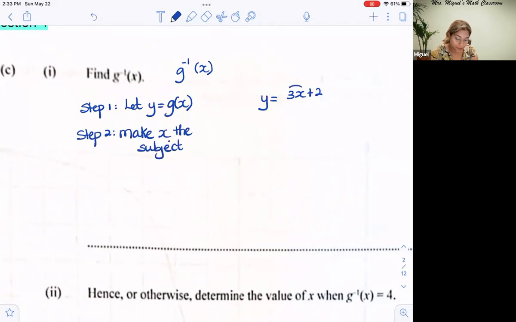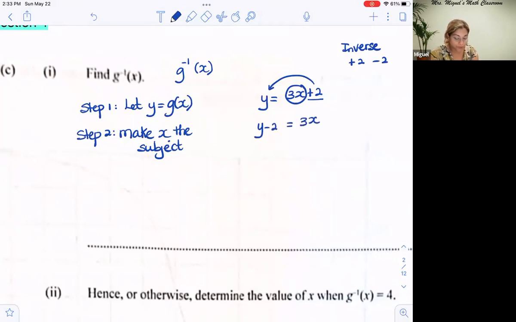So we circle the 3x. It means that we must get rid of plus 2. The inverse of plus 2 is minus 2, or we can simply take it and carry it on the other side. So we have y minus 2 is equal to 3x.